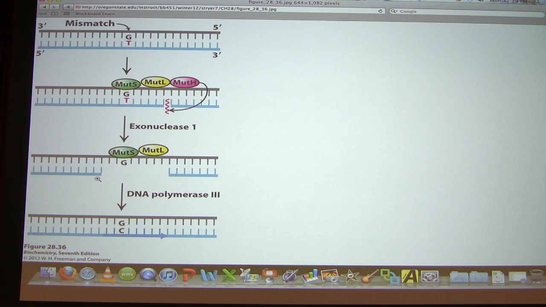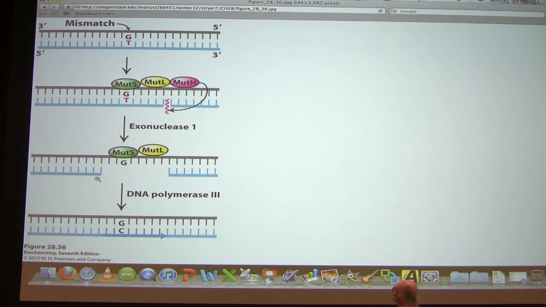Here is a system where, for example, the polymerase didn't recognize that, oops, I put in a T across from a G. This is what's known as a mismatch, and you can see the polymerase went along its merry way doing its thing. The system I'm describing to you here is in E. coli, but an almost identical system works in our cells. They have different names, or slightly different names, but a very similar system works inside of our cells.